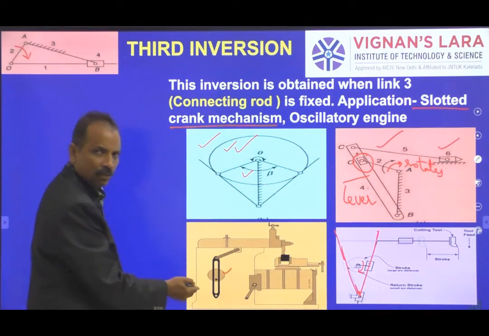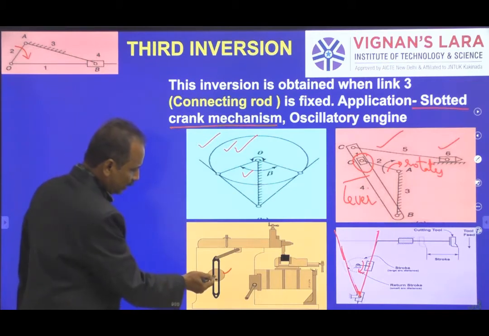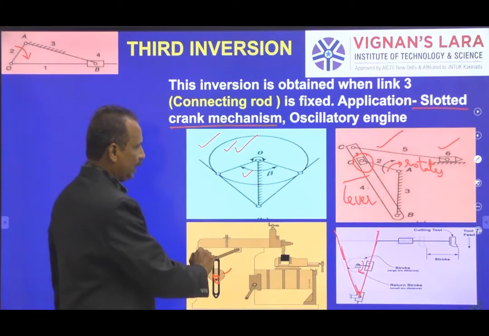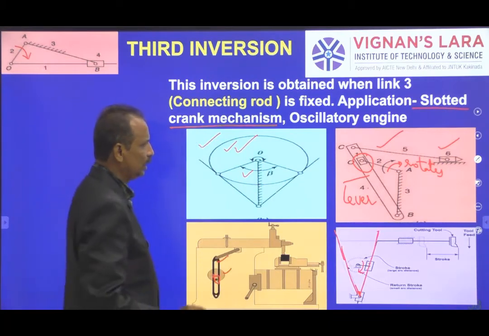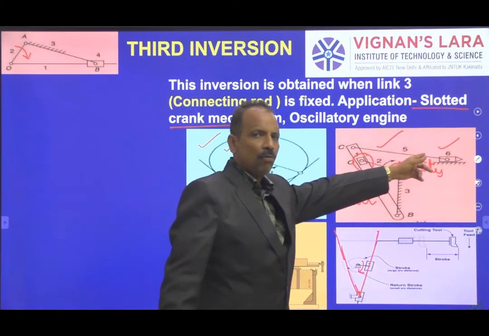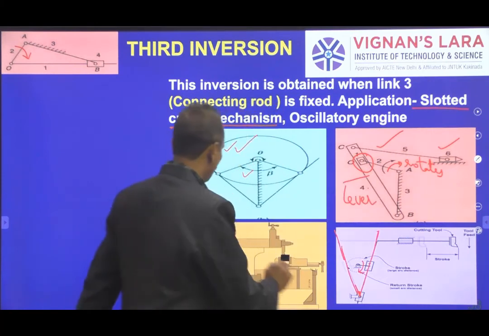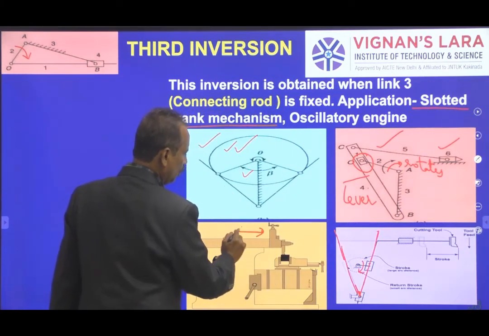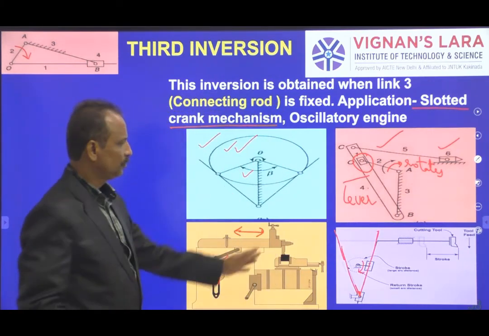Here there is a crank which is rotating, and here there is a sliding block which is reciprocating. Finally, at the end of this lever, you have one more link which causes a reciprocating motion to your machine.